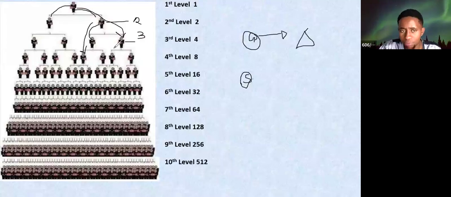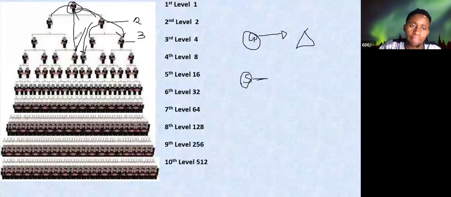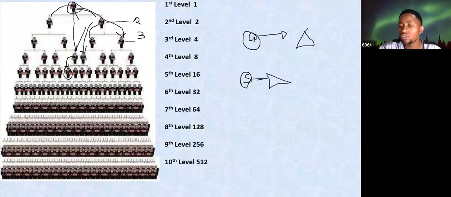But in sponsorship, if this guy sponsored this guy directly, this guy is in level 1 of this guy. And this guy sponsored this other guy, now this other guy is going to be in level 2. So in sponsorship levels, it depends on who you have sponsored.